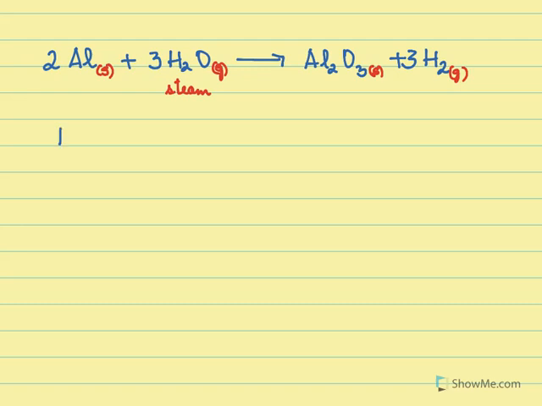Iron too, Fe, reacts with water to give iron oxide Fe3O4 plus hydrogen. Here again the iron oxide is insoluble in water, hence it does not form iron hydroxide.